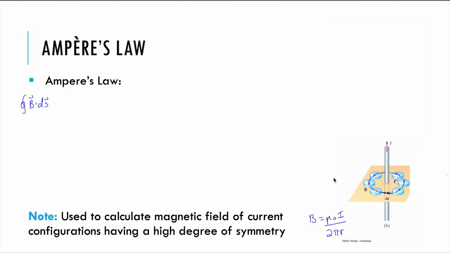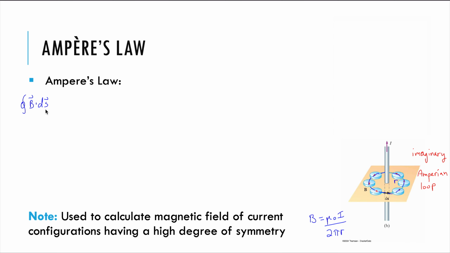So B is the magnetic field at the location of this imaginary loop that we've picked, and ds is a little line segment that is part of this loop. This loop, like I said, is an imaginary loop. We're going to call it an imaginary Amperian loop that we are choosing.